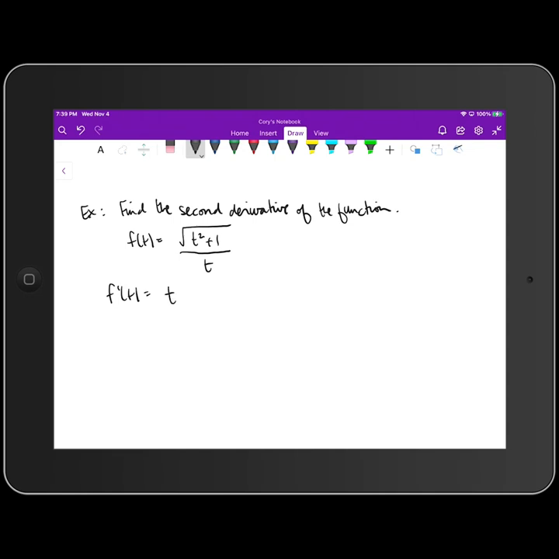I can write the top function as t squared plus 1 raised to the 1/2 power. When I take the derivative of that, that's going to be 1/2 times t squared plus 1 to the negative 1/2 power times the derivative of the inner function, which is 2t.